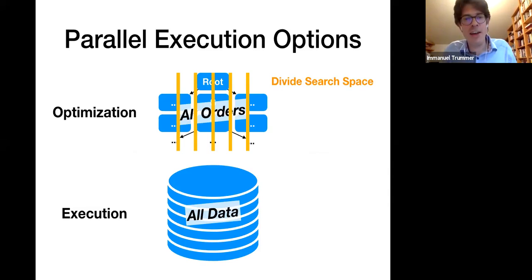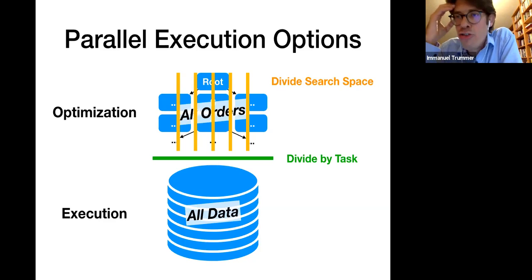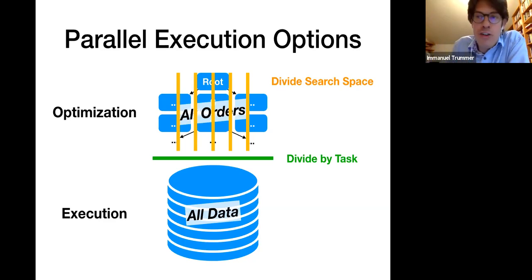Another possibility would be to break up the connection between query optimization and query execution and make certain threads entirely responsible for optimization and other threads entirely responsible for execution. That would be a division with the green line. Or what we can also do is that for each currently selected join order during one micro episode, we execute it in parallel on different partitions of the data.